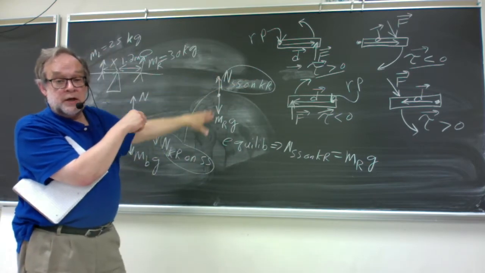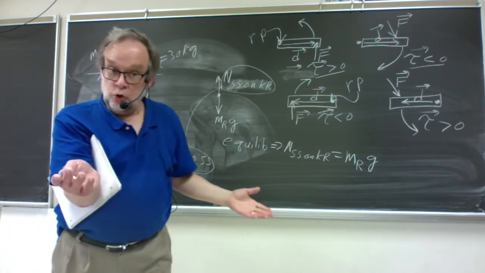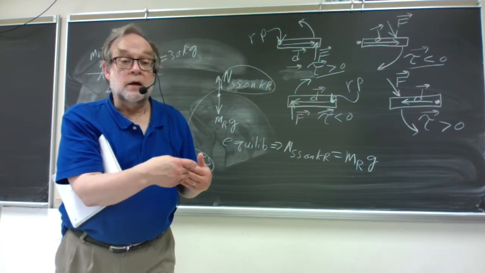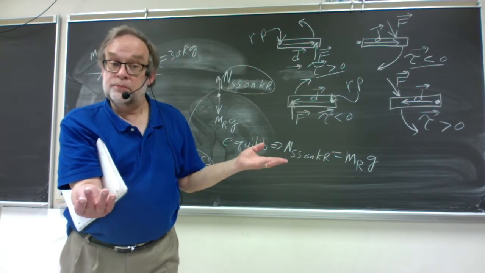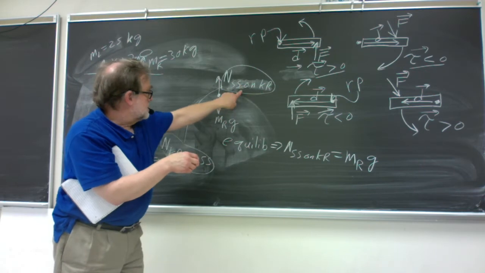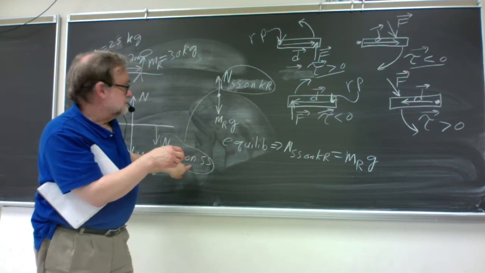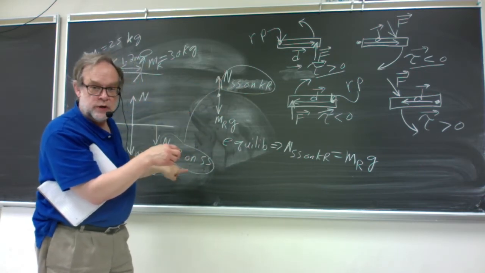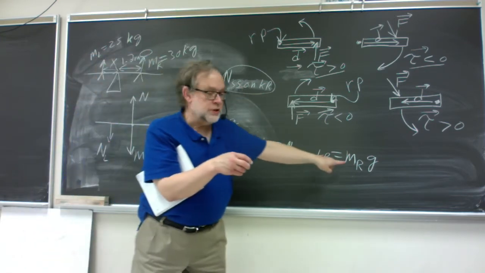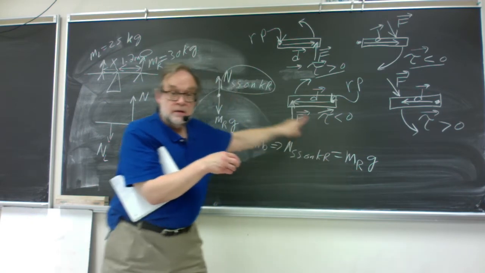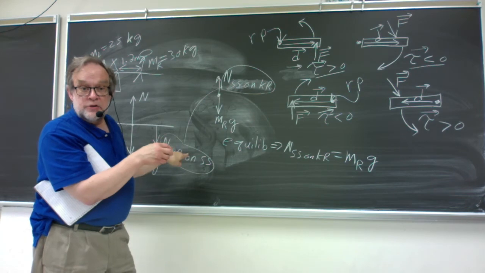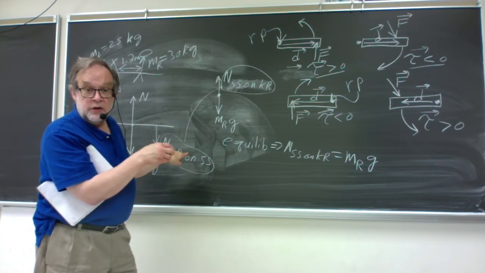So these two things look like a third law pair. They act like a third law pair. They fit the pattern for a third law pair, so they are a third law pair, which means this is just as strong as this. These two forces have equal strength, equal magnitude, but the magnitude of this force was equal to the weight of the kid on the right. So since this is equal to this, the magnitude of this is also equal to the weight of the kid on the right.